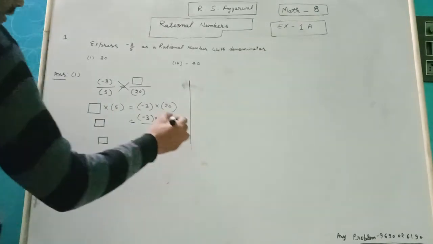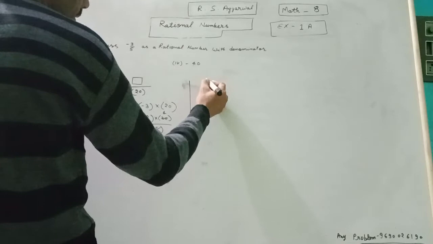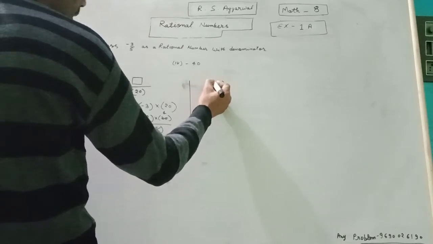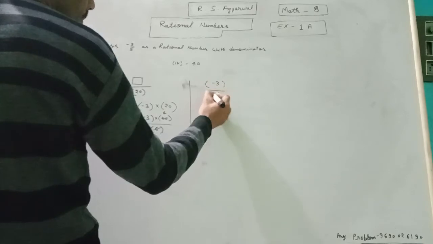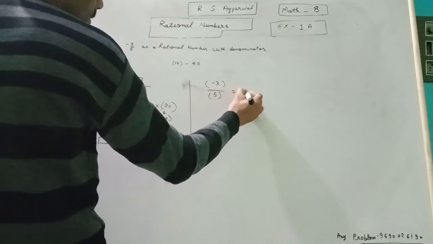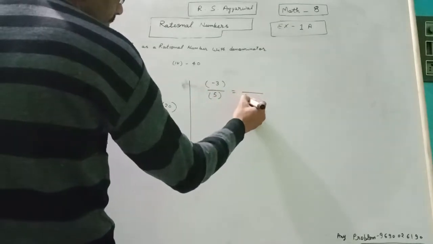Second part is the same. At first the bracket -3/5 with bracket equal, denominator is -40.